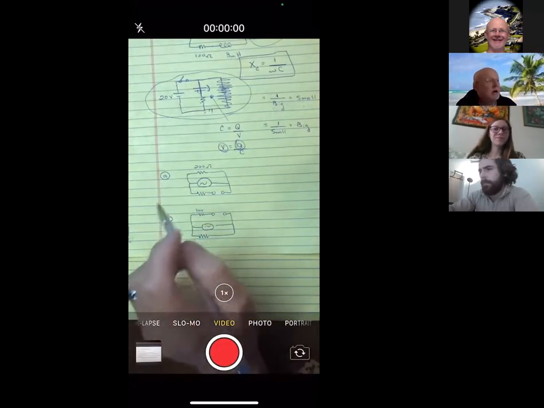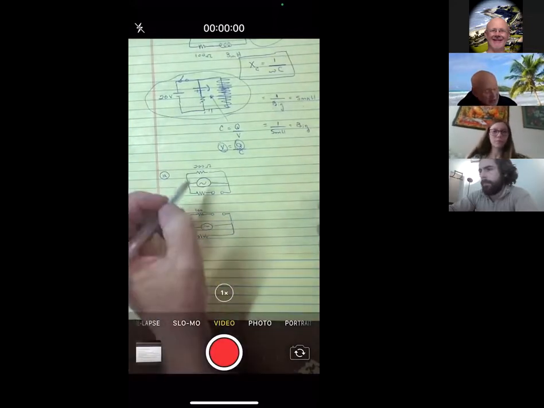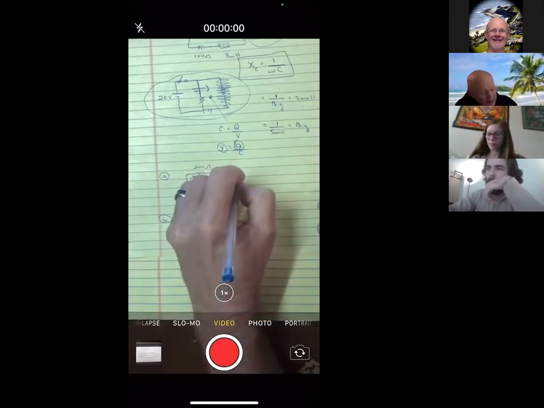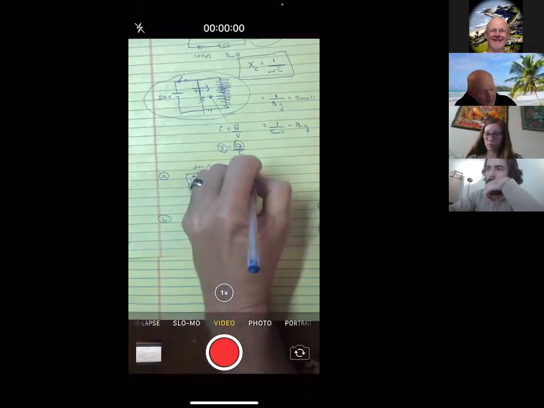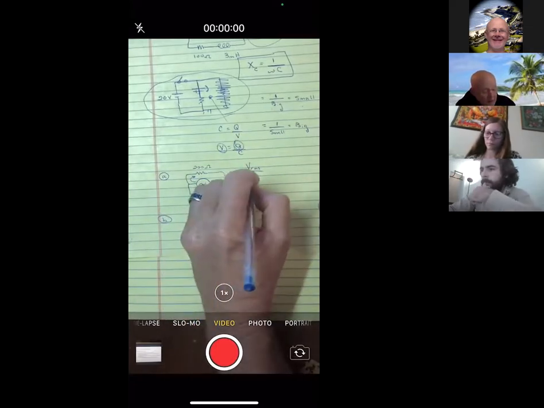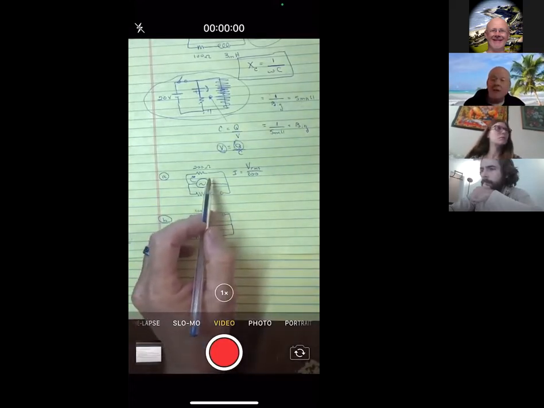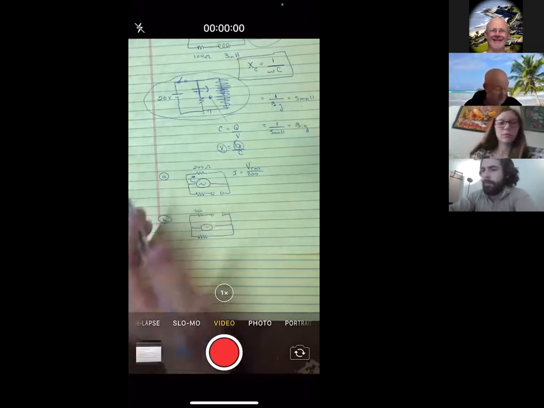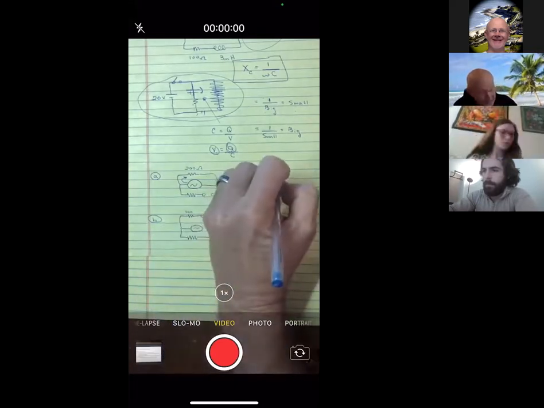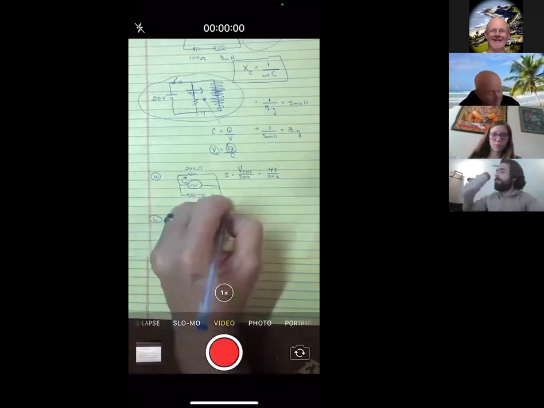When it says find the RMS current delivered, I'm going to say, okay, across the top branch, the current would be the RMS voltage divided only by the 200 ohms, because I'm basically saying the capacitor part of it is out of the picture. So that would be 45 divided by 200.